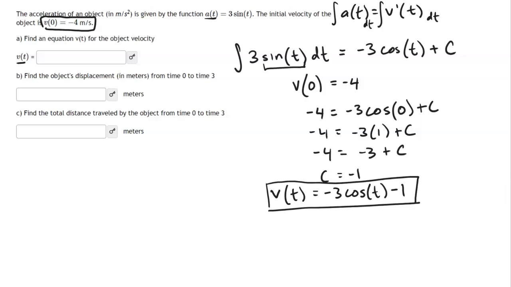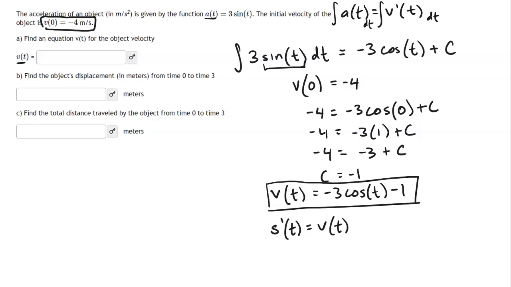Next, it's going to ask us to find the object's displacement, meaning where did it move to? How much did it move from its original position? The key thing that we have to remember about the position of a particle and its velocity is that if I have the position s(t), then we can take the derivative, or its rate of change, and that's exactly what velocity is. Velocity is the rate of change in our position or displacement.